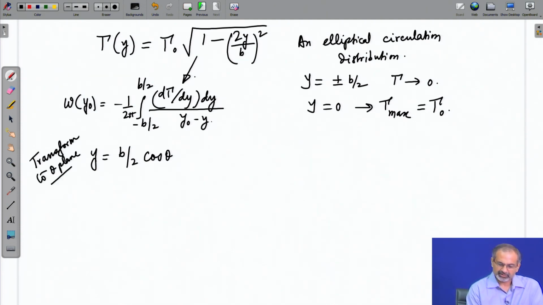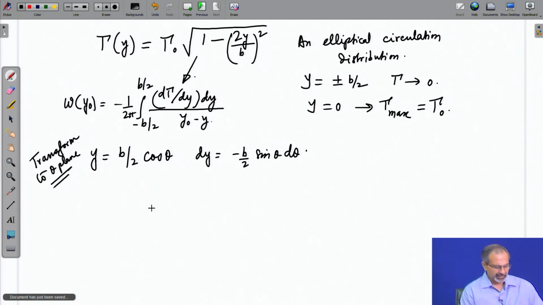We do not solve it in y. So, dy becomes minus b by 2 sin theta d theta. Similarly, the limits would change, and therefore, the integral finally looks different from what you have here in terms of y. The integral will look somewhat like this.